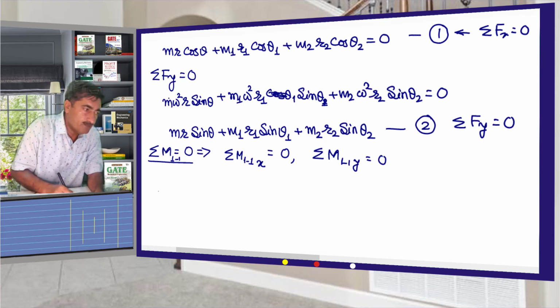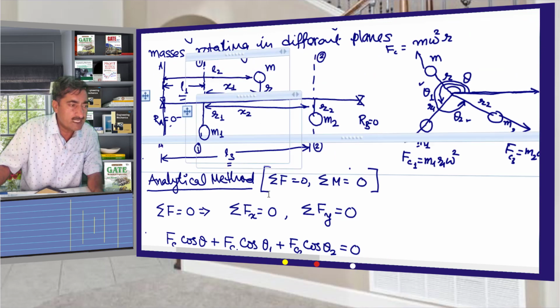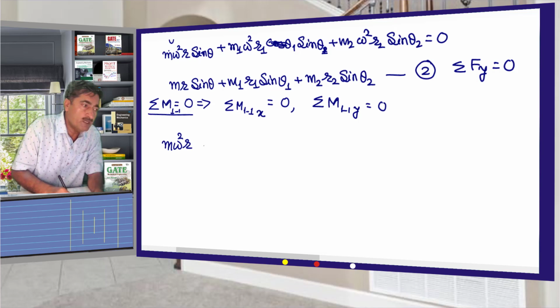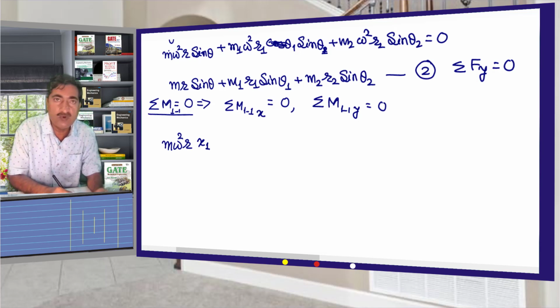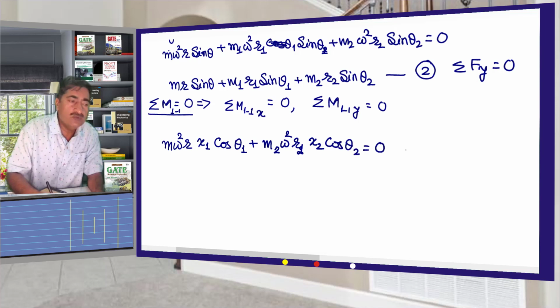Now from plane 1, m omega square r means the centrifugal force, into distance x1, is the moment about 1, and the component of this moment in x direction is m1 omega square r1 x1 cos theta 1 plus m2 omega square r2 into x2 cos theta 2 equal to 0.